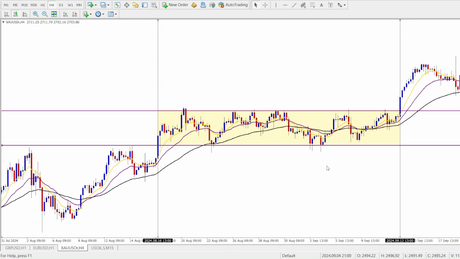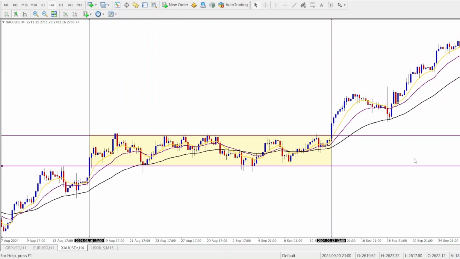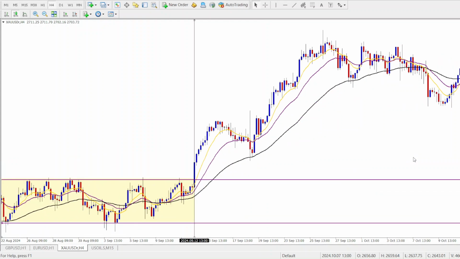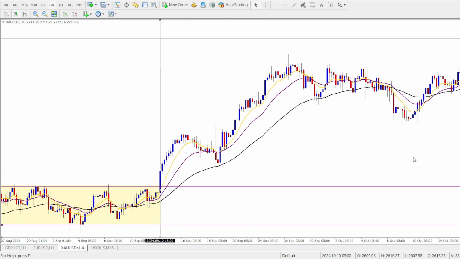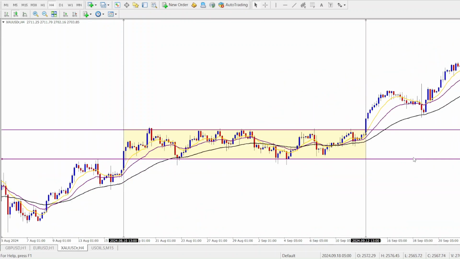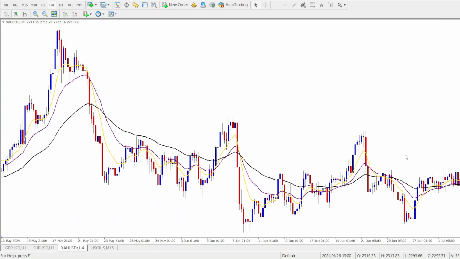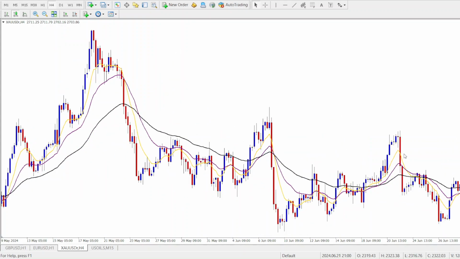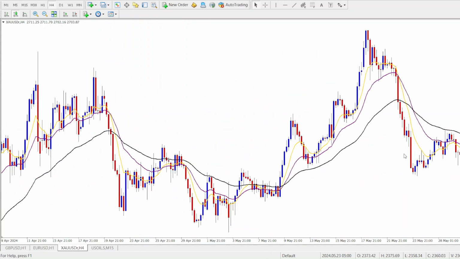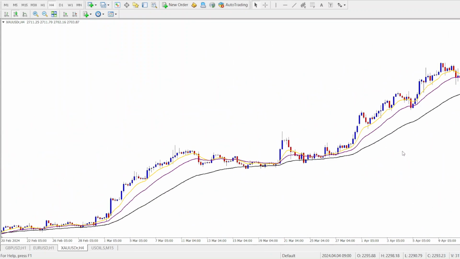In a triangle, the range tightens as the price forms lower highs and higher lows. Let's see if we can find such a triangle pattern.